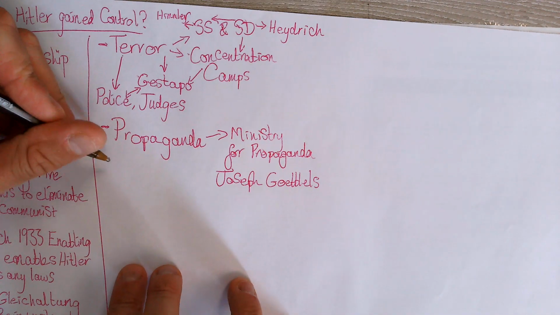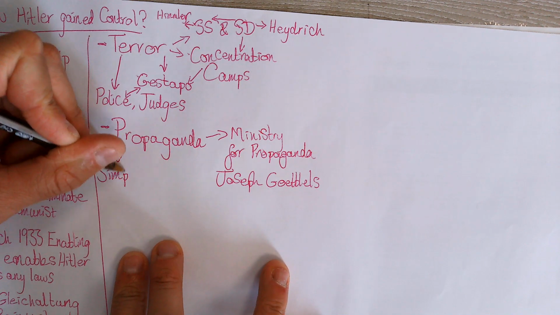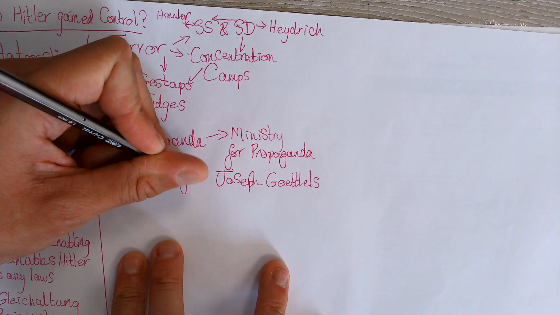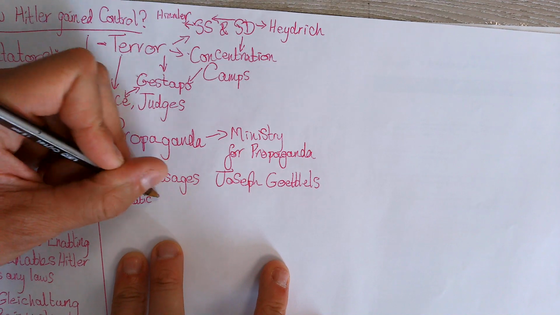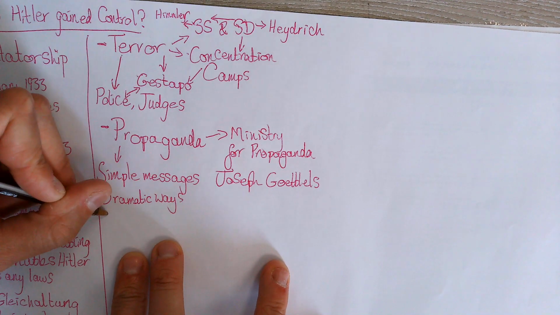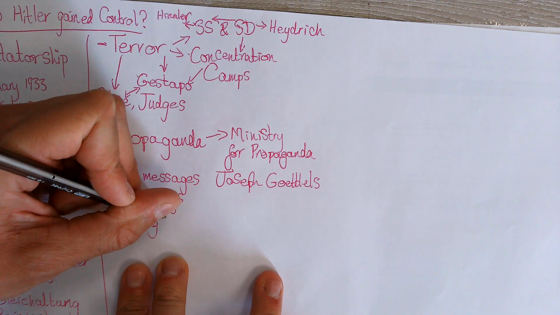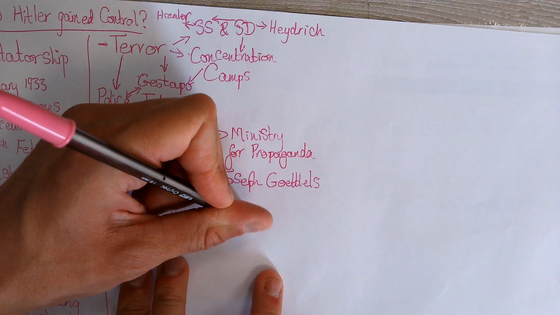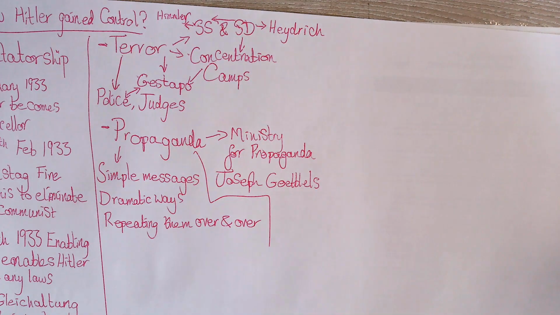And the Nazis are really good at giving simple messages in dramatic ways and repeating them over and over. They actually learn a lot from the communists in Russia.